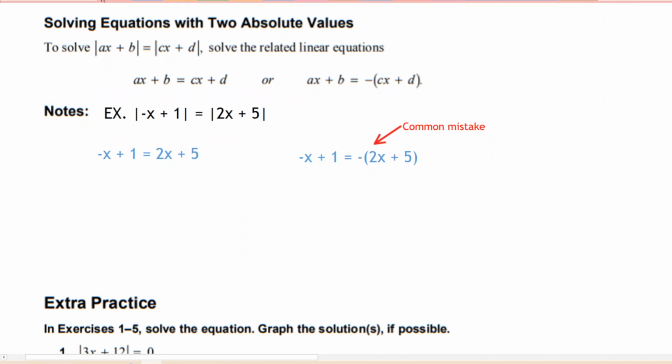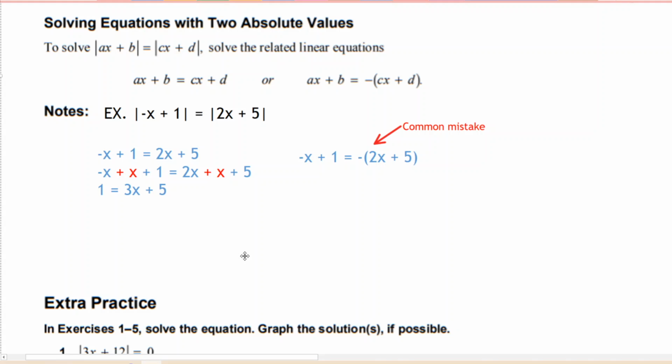We're going to notice in both of these that we have a linear term on the left side and the right side. You can see them both over here. The smaller of those two linear terms is negative x. So we're going to start off by adding x to both sides in the left case. That's going to get me 1 is equal to 3x plus 5.